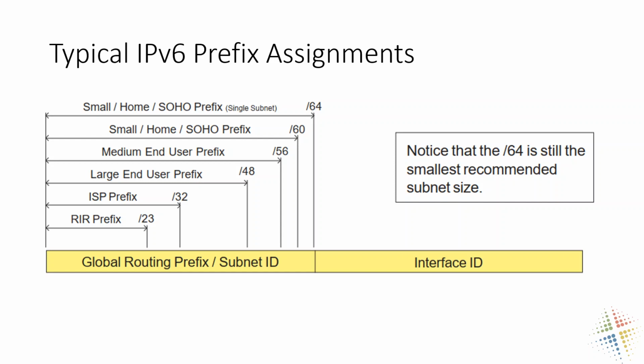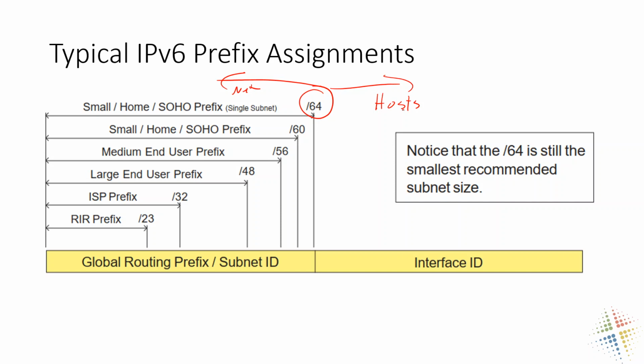So when we talk to our ISP and say, hey, Mr. ISP, I need an IPv6 address, they will ask us, how big of an organization are you? Well, if you're a simple home user, or a small office or home office, they'll probably give you a /64. That means there are 64 bits assigned to the network, and then 64 bits assigned for your hosts.